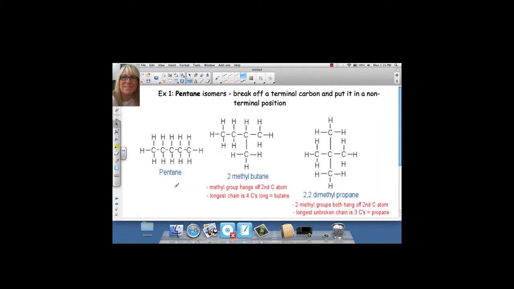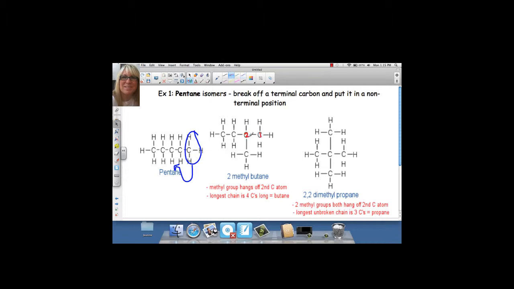Here are some isomers of pentane. Look what happens when we break off a terminal carbon. A terminal carbon is simply an end carbon. If I take off this carbon and I move it 1 over, right here, I now have 4 in my chain. Now remember, I have to number this from left to right or right to left so that my branch gets the smallest number.